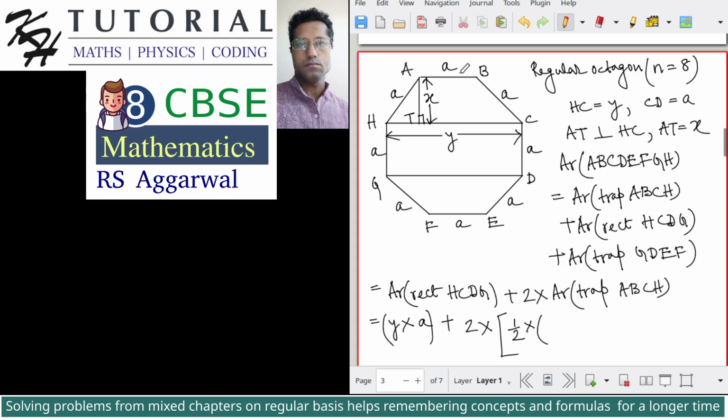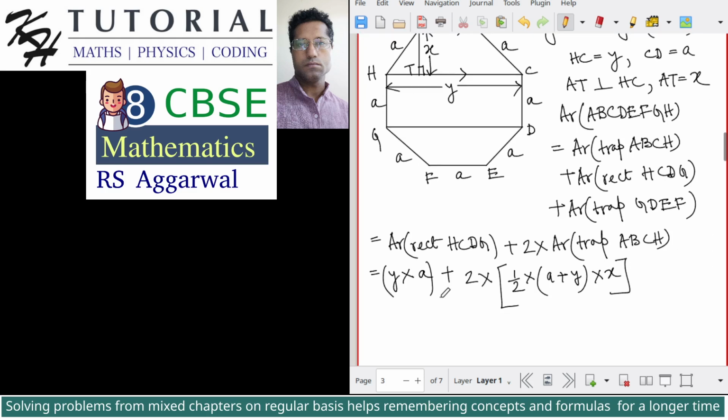We can clearly see these two are the parallel sides, and the height of the trapezium ABCH is AT. So the sum of the parallel sides will be a plus y, and the height is given as x. So this becomes y plus a multiplied by 2 gets cancelled out, which is x into a plus y.